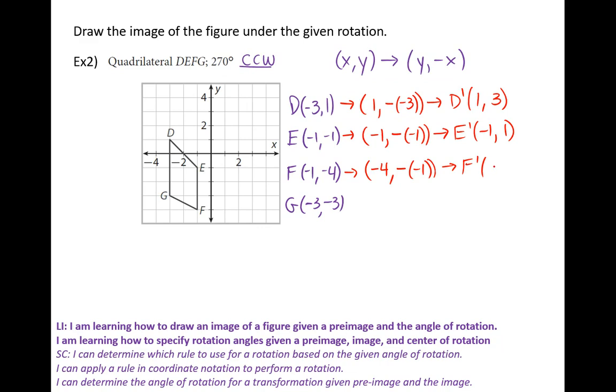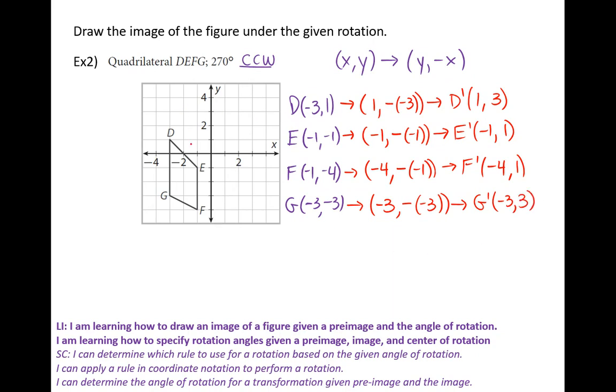When I simplify, I have negative 4 here, and then negative, negative 1 means a positive 1. Finally, let's do G. Again, my y value, then negative, and the x value. I get G prime at negative 3, then negative, negative means positive 3.